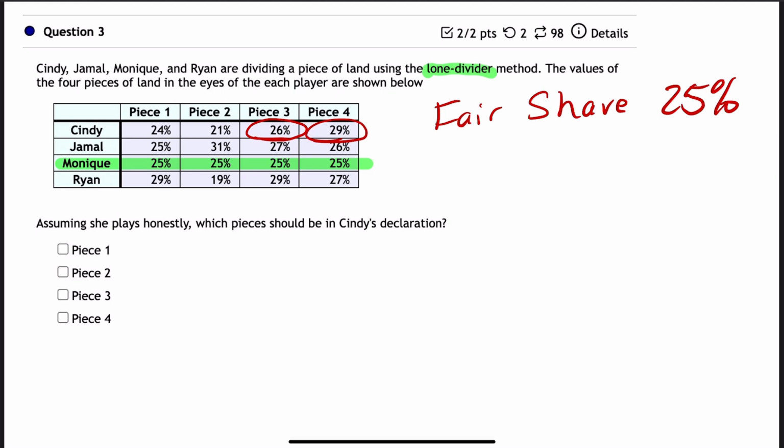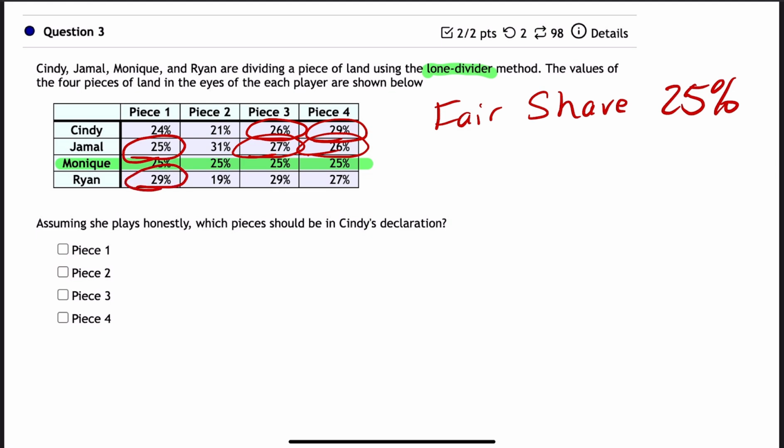And then let's look at Jamal. Jamal, the same, has all of theirs listed out as valued. So Jamal values piece 1 at fair share. Jamal also values piece 3 and piece 4 at fair share or more. And then Ryan, we're looking for 25%.